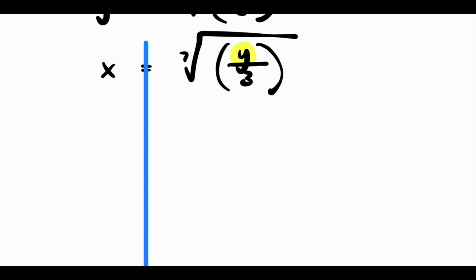If the opposite of squaring is square root, what's the opposite of 7th root? 7 power, right? 7 power. Okay? So what I'm going to do is give this guy a 7 power, and give this guy a 7 power, because whatever I do to one side, I got to do to the other. So a 7 root and a 7 power cancel each other out.